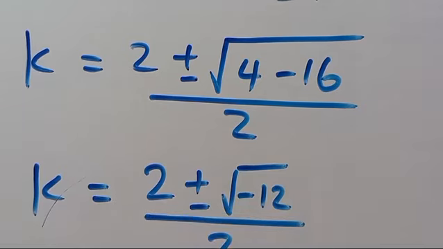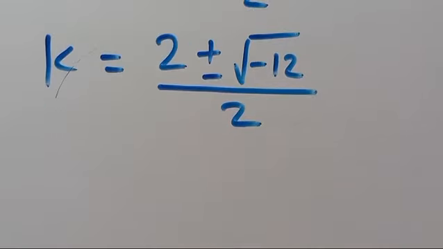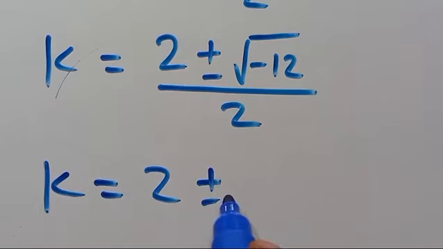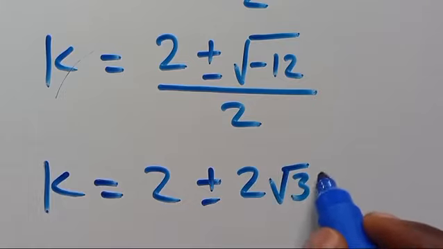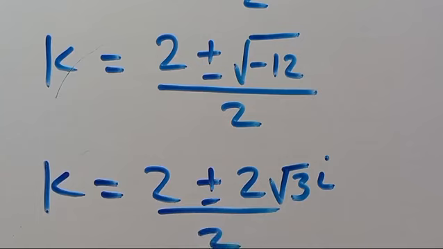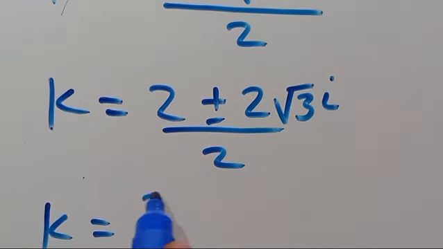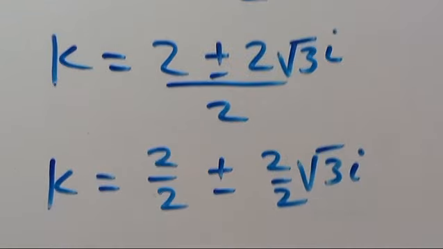So from here we have k equals 2, positive or negative, root of −12 divided by 2, which is 2 root 3i divided by 2. When we divide through by 2, we have k equals 2 divided by 2, positive or negative, 2 divided by 2 multiplied by root 3i.